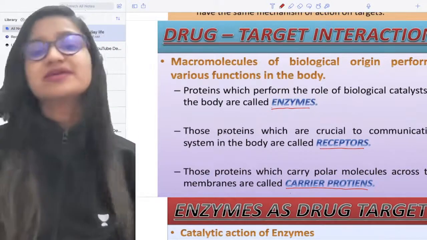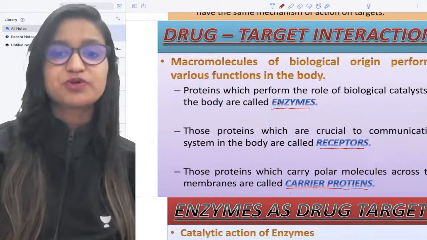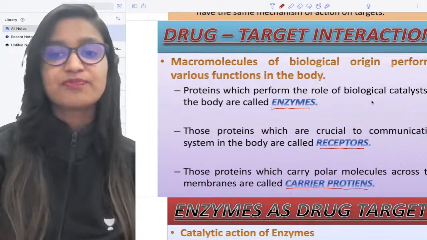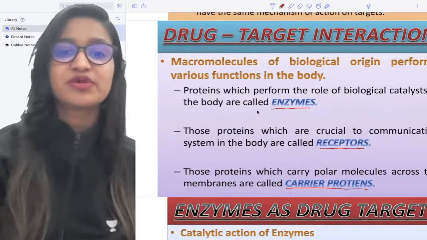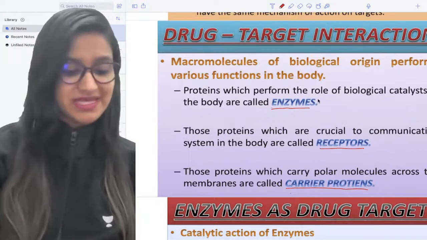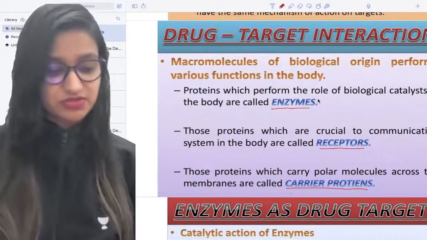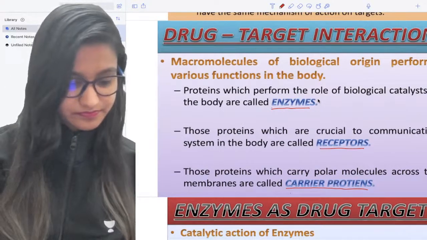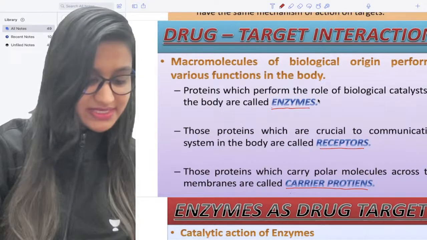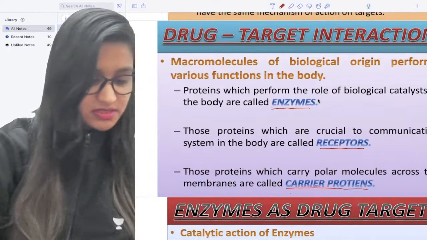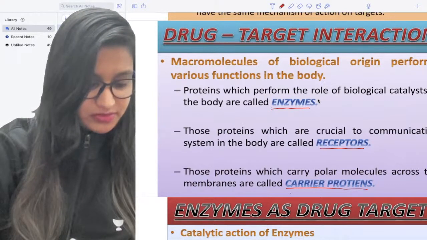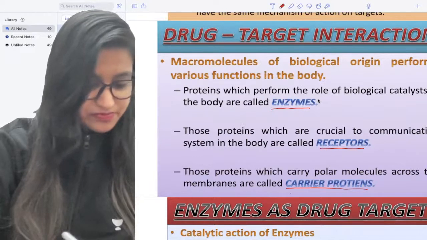Proteins which perform the role of biological catalyst in the body are called enzymes. Alright guys, is there any issue, any problem till now? Please let me know.